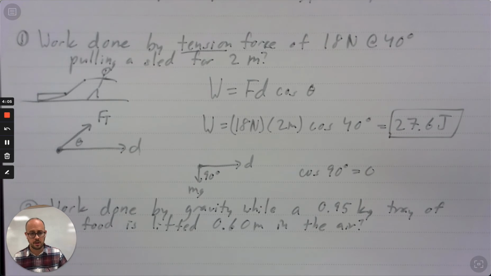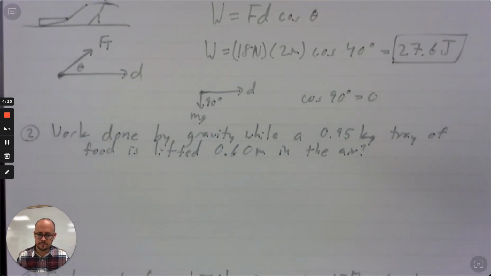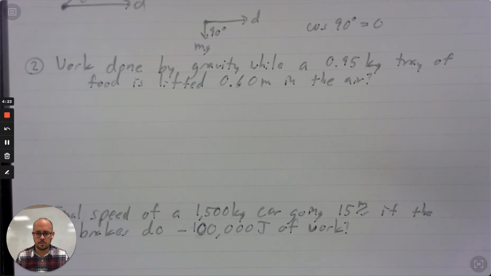So the work done by gravity on the sled is 0. Conceptually speaking, there's nothing about the force of gravity that has a chance of changing the energy of the sled. It's on the ground, gravity is pulling it that way, so it can't do anything. However, while an object is being raised or lowered, gravity is capable of doing work.